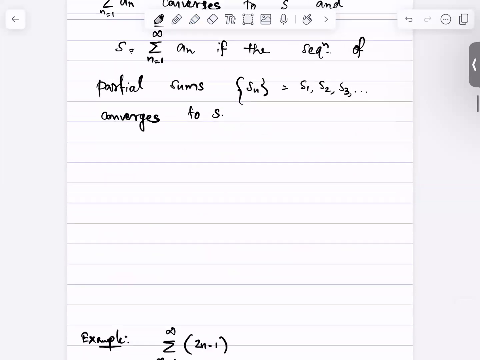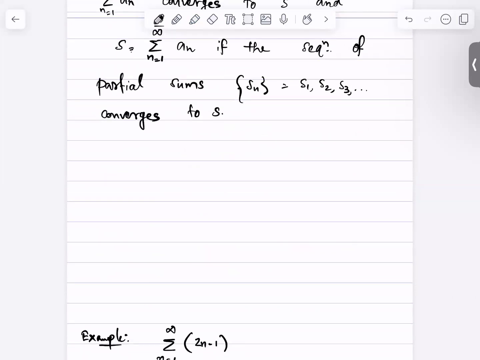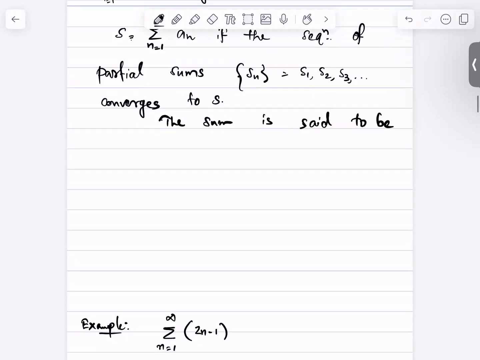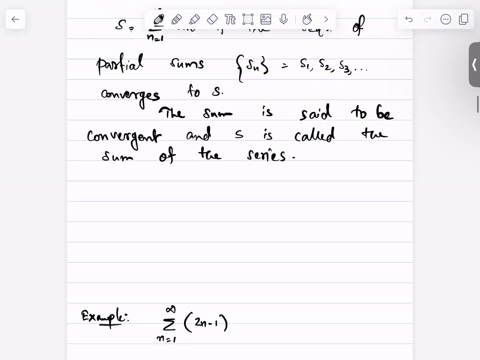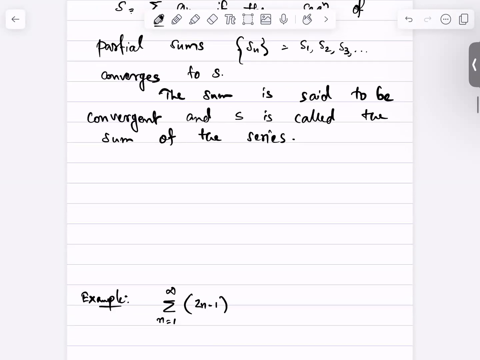Some more information that I need to tell here is that the series is said to be convergent, and S is called the sum of the series. When the sequence of partial sums converges, we use this terminology.